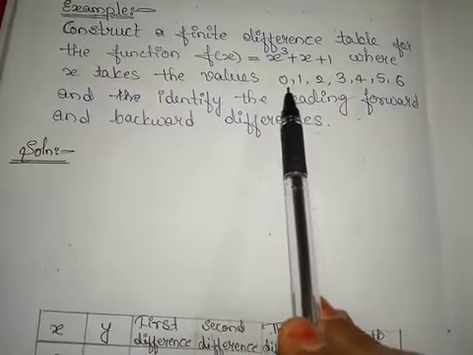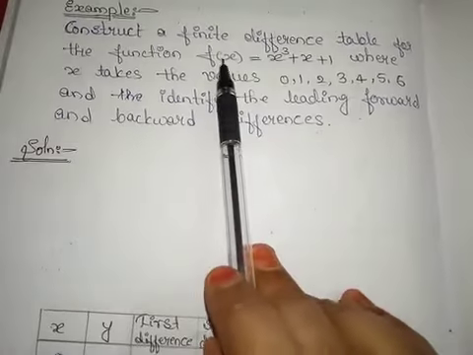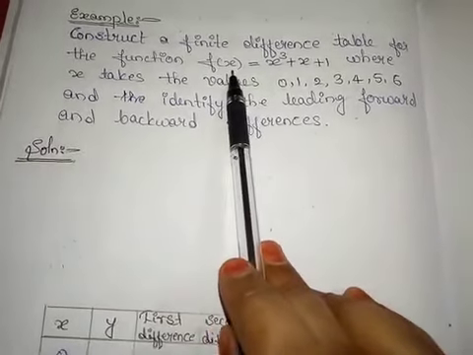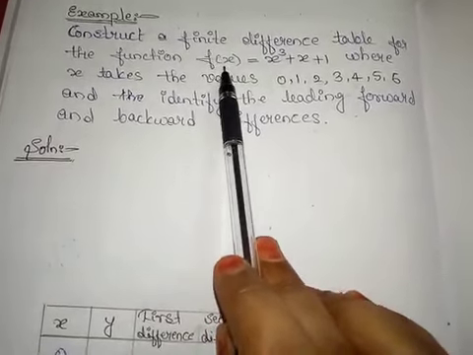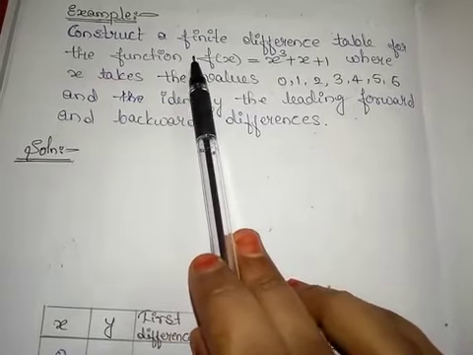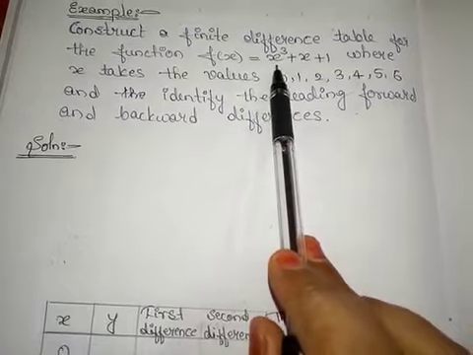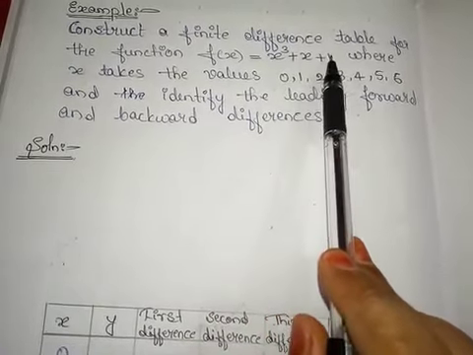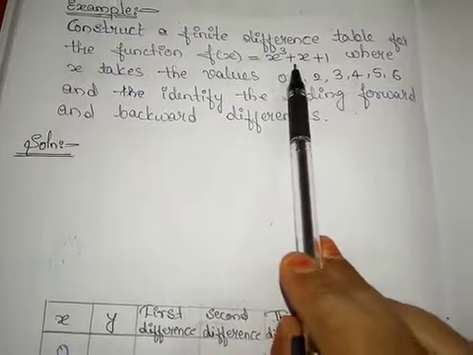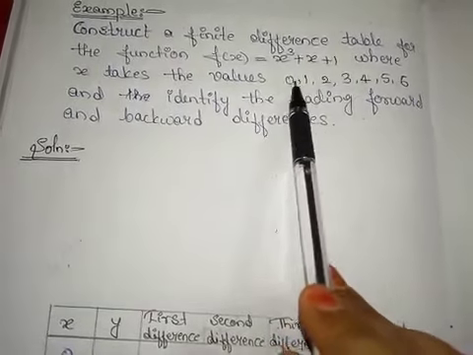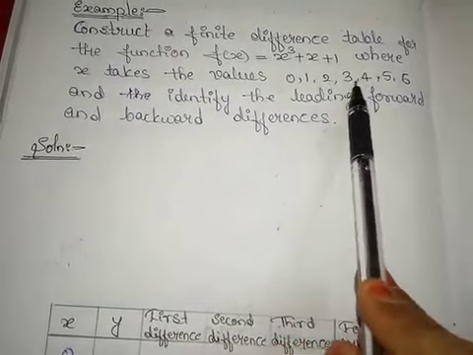In this example, they are given a function f of x. We know that y is equal to f of x. Here the given function is x cube plus x plus 1, and they are given a set of values of x: 0, 1, 2, 3, 4 and 5.